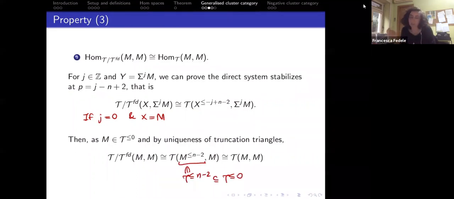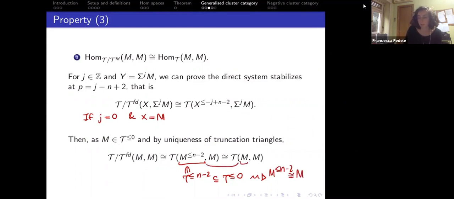And then by uniqueness of truncation triangles, if you think about this for a moment, you can see that M less than or equal to n minus 2 has to be isomorphic to M. So these two have to be isomorphic, so we get this isomorphism here, which is what we wanted. So T over TFD of M comma M is isomorphic to this, which is property 3 up here.